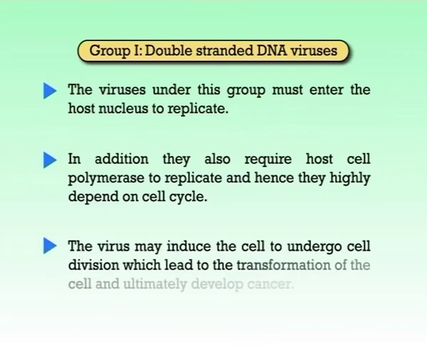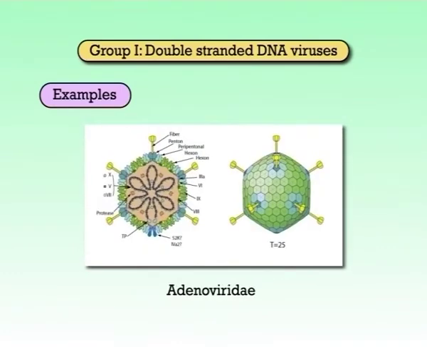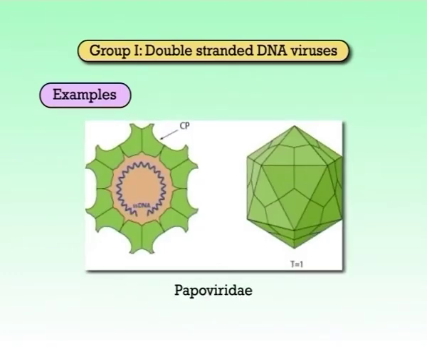These viruses may induce the cell to undergo cell division. This will lead to the transformation of cells and ultimately develop cancer. Some of the examples are Herpesviridae, Adenoviridae, and Papovaviridae.